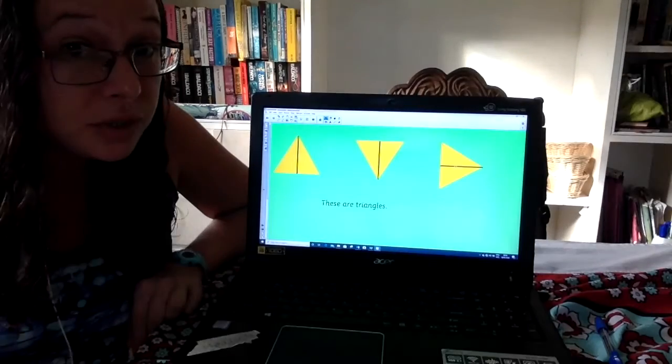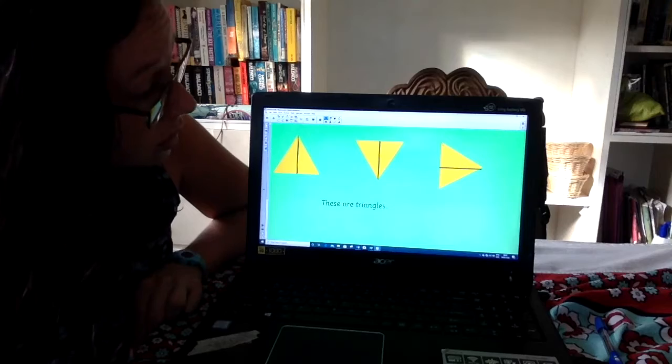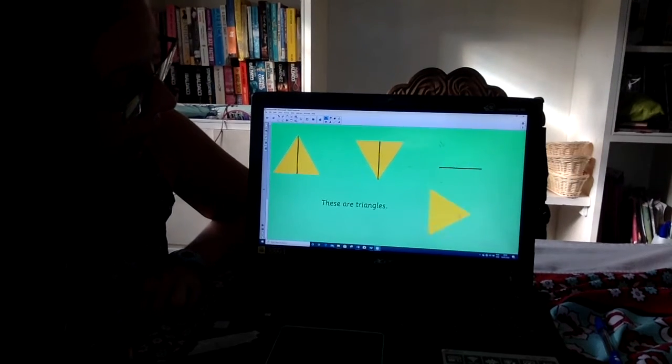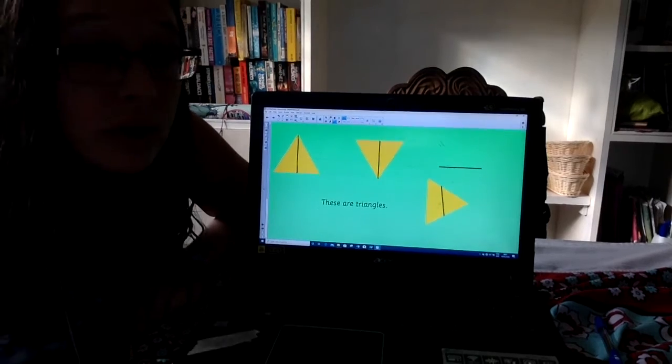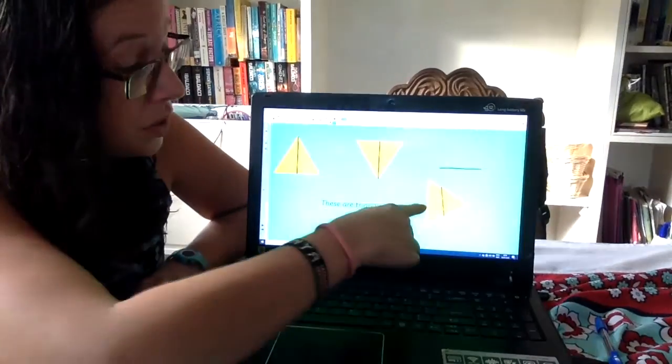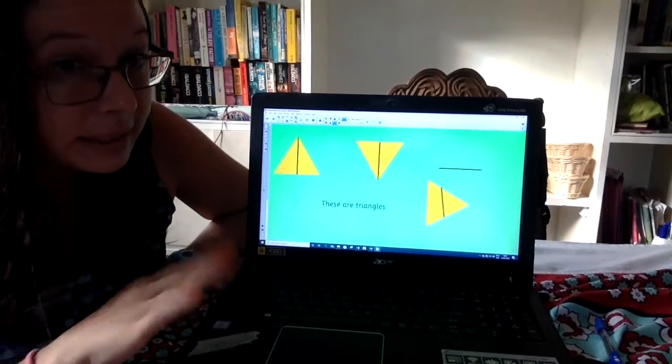Now I need to make sure the sides are equal. If I were to draw a line going from here to here on the triangle, that would not be half because the 2 sides are not the same.